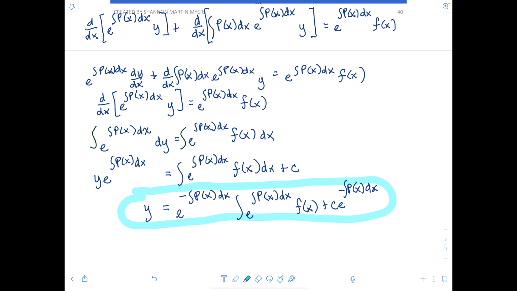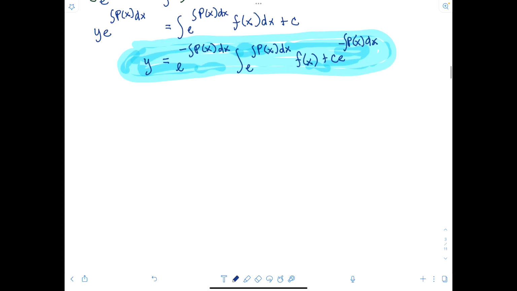But again, I don't want you to memorize this. What you want to memorize is the format, so you can find your p of x, find your f of x, and then also remember that integrating factor. Cool? All right, so let's scope out what we've got to do here.